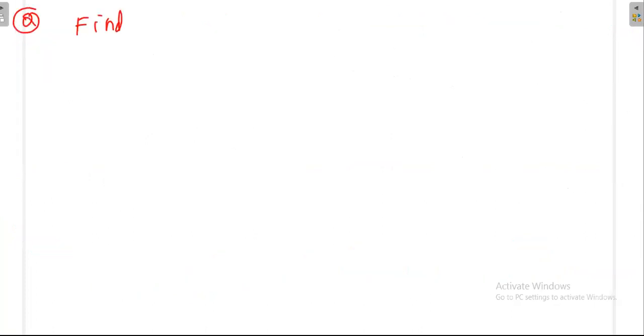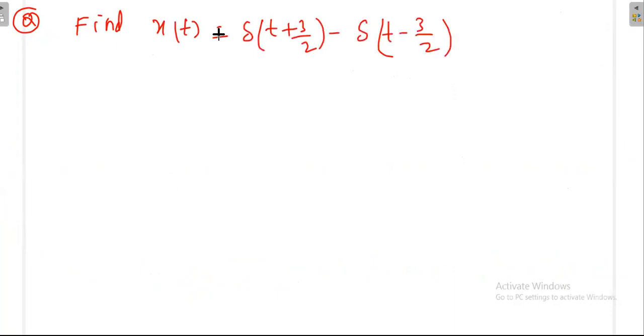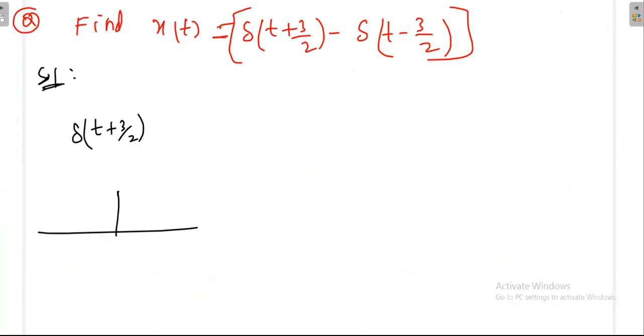Find x of t is equal to delta of t plus 3 by 2 minus delta of t minus 3 by 2. First, one by one we'll calculate what is delta of t plus 3 by 2. Solution. Delta of t plus 3 by 2 means you have only one impulse, not at 1.5, it's exactly at minus 1.5.